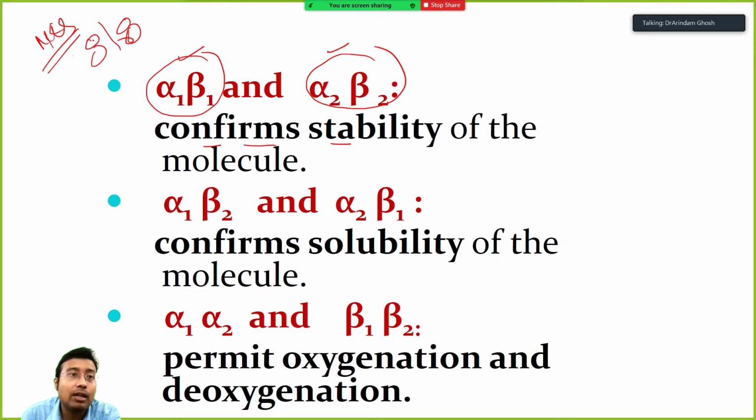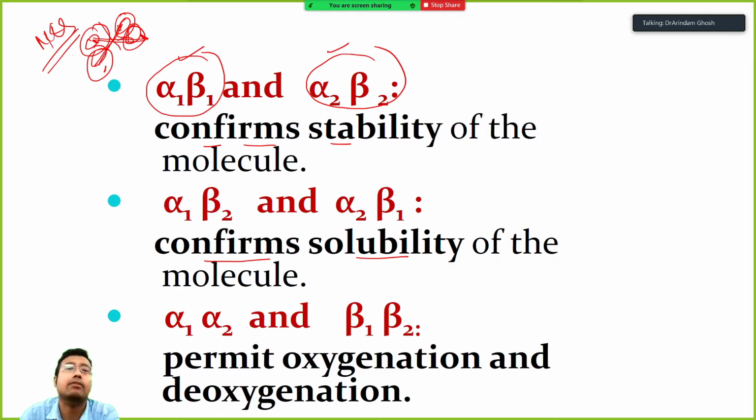The interaction between alpha 1 and beta 2 and alpha 2 and beta 1, when we are considering this crisscross, confers solubility of the molecule. Since a unit of this and a unit of this interact in a crisscross way, they contribute to the solubility of the hemoglobin molecule.